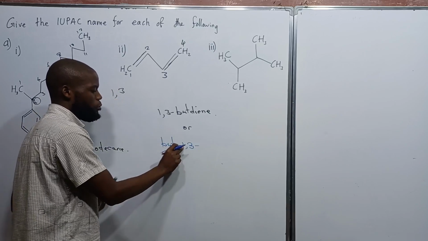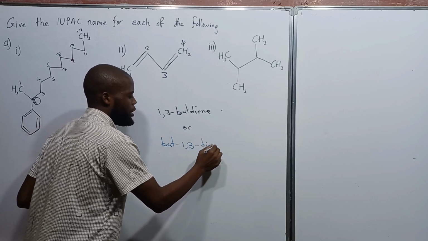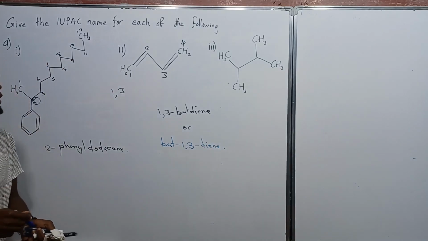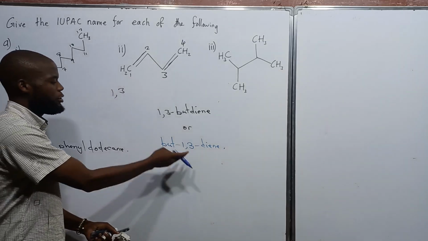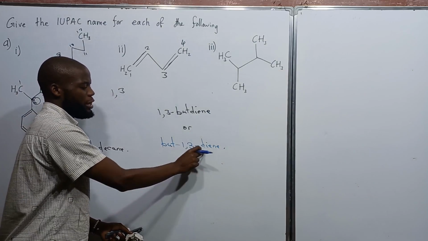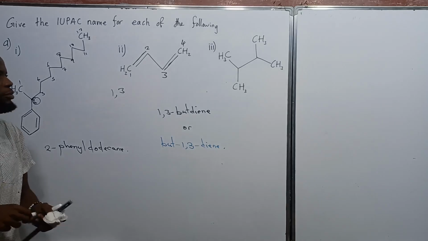So but-1,3-diene. This is an alternative way you can name this particular organic compound. This only indicates that at carbon number 1 and carbon number 3, there are 2 double bonds altogether in the molecule.